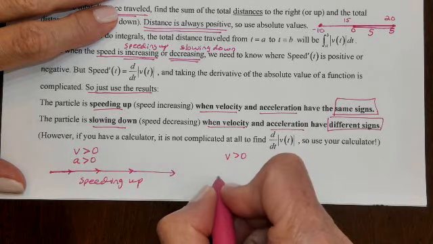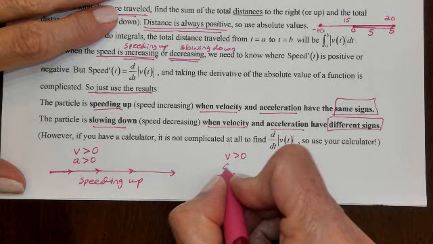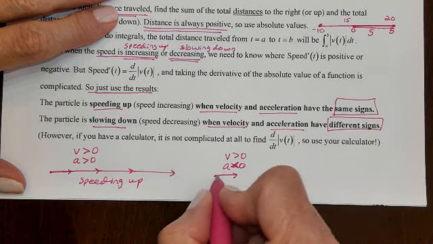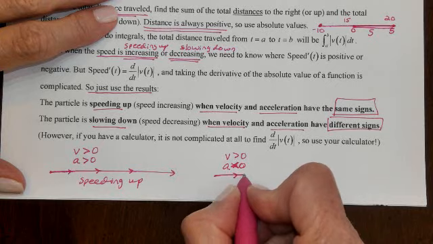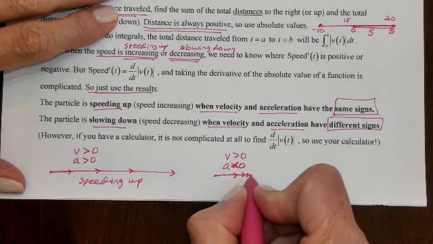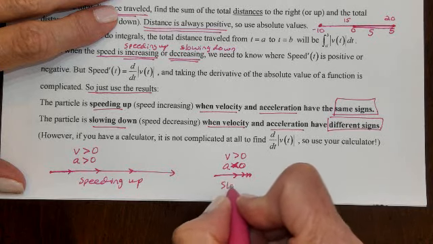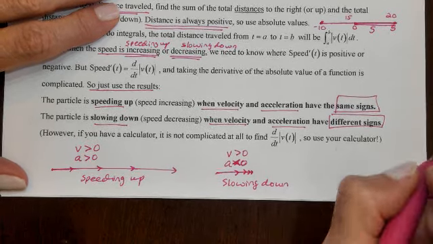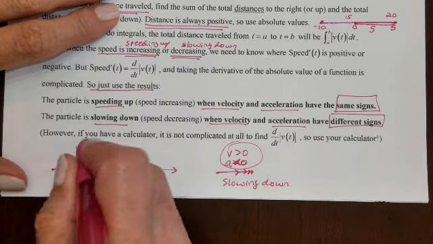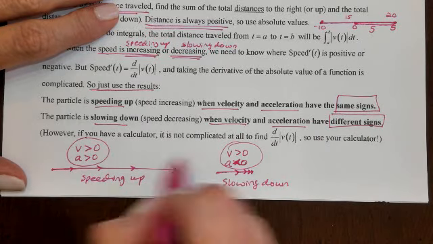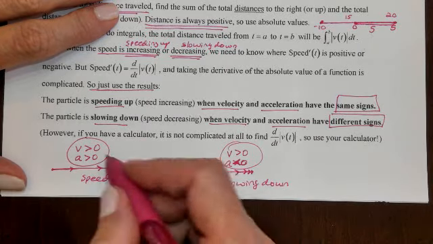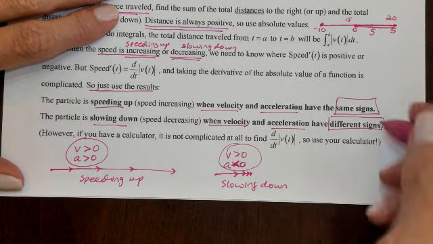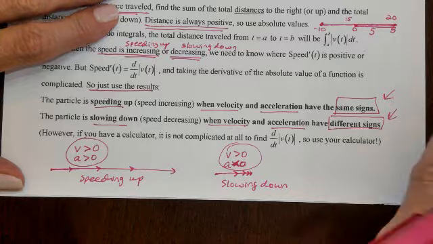If velocity is positive, that means you're going to the right, but acceleration is negative, then yes, you're going to the right, but you're slowing down. You're still going to the right, but you're slowing down. Different signs, same signs. I could show you similarly if your velocity was negative and acceleration was negative or positive. Same thing, but here are the results, so know those results.